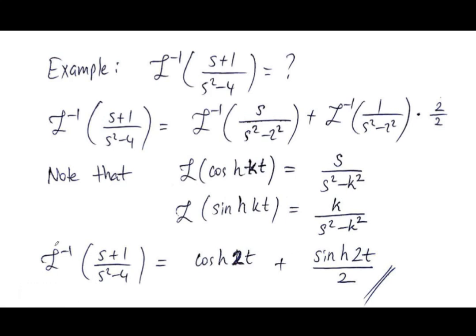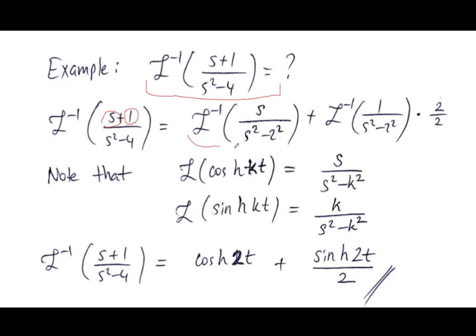Here's another example. Now, what's the inverse Laplace transform for this expression? In order to take the inverse Laplace transform, we need to split this into pieces and consider first taking care of this s and then taking care of this 1.